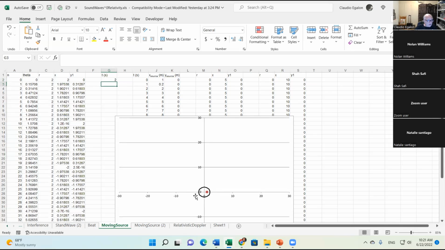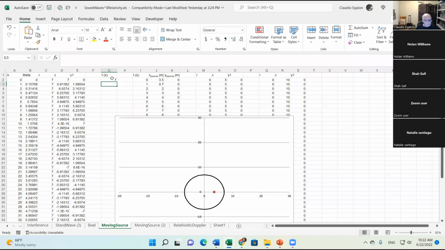Notice that the center of the wave is still at the origin because it was originally emitted there. At 3 seconds, the source is moving to the right and the wave is expanding. Then 4 seconds, 5 seconds, 6 seconds.